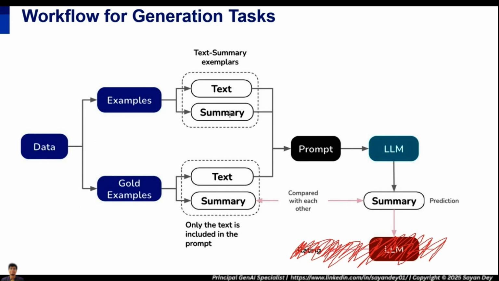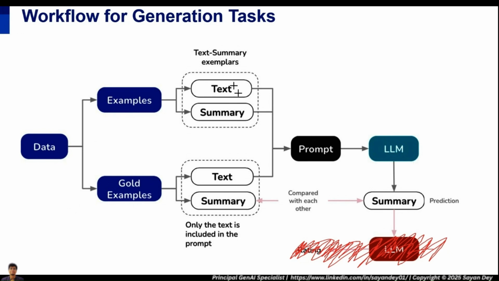That's the idea. Yesterday, we just tried a random prompt. There was no evaluation. We just wrote a system message, gave a user input, and saw some response. But it was not a complete end-to-end workflow. What we are seeing here is the same application, but we are packaging this into a more end-to-end workflow where we take the data, we split the data into few-shot examples and gold examples.